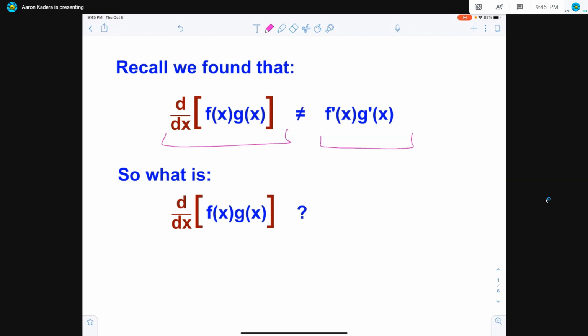In other words, why you can't just take the derivative of 2 different things individually and then multiply them together afterwards. We found that virtually with any normal function like x squared times x to the 4th, if you throw a coefficient out in there or whatever, you just don't get the same answer. So the question is, how do you handle a product like that?